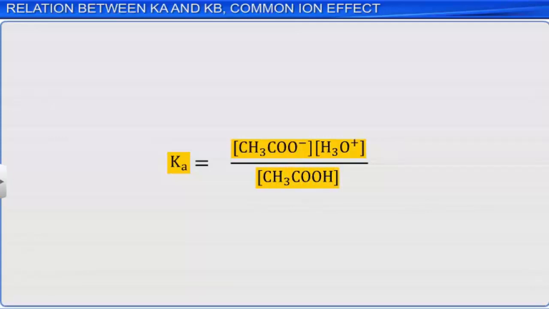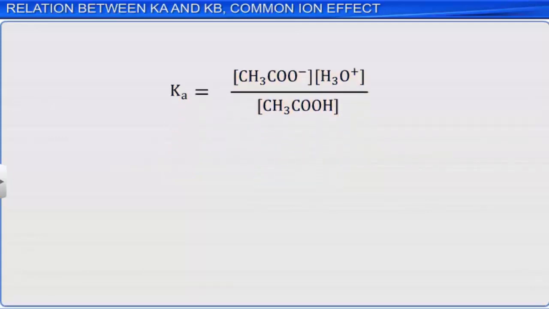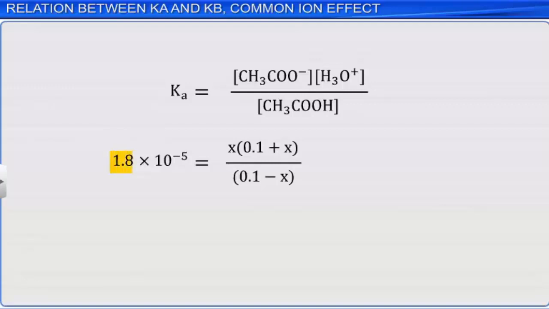Substituting the value of Ka and of the equilibrium concentrations of acetate, hydronium ions and acetic acid, we get 1.8 multiplied by 10 to the power of minus 5 is equal to x multiplied by 0.1 plus x divided by 0.1 minus x.